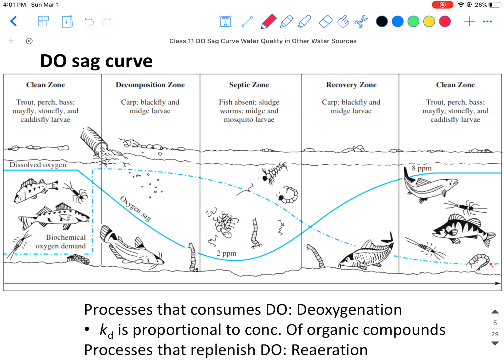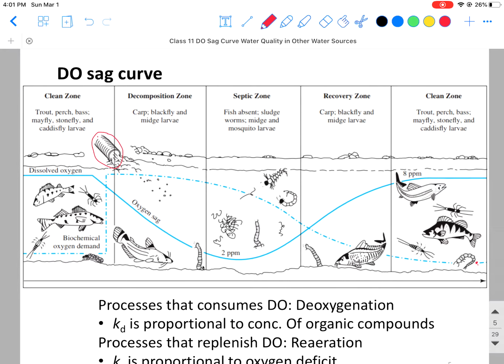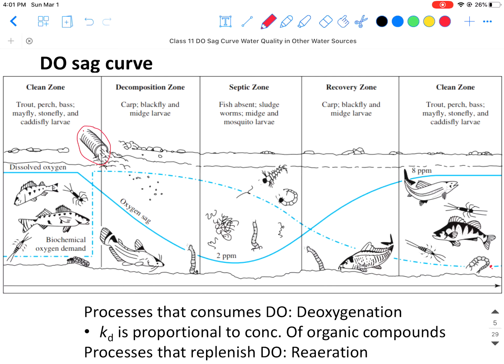Okay. So one thing we know for sure is that upstream of this pipe, there may be diverse organisms in the water. So basically there are a lot of fishes, there are insects, right? Because the dissolved oxygen concentration is high.